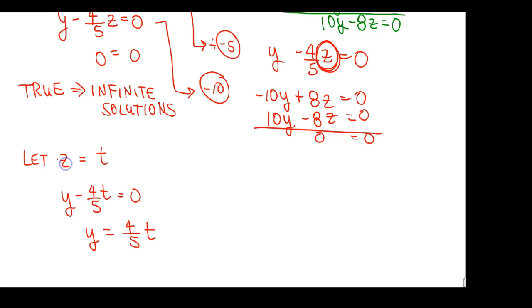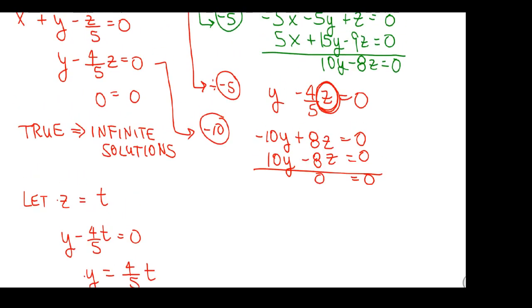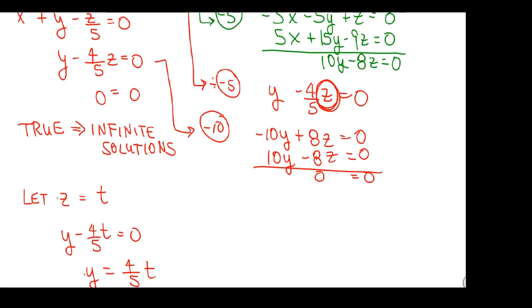So we know z, we know y, now we need to find x. So if we go back to that first equation, let me just write it down again, x plus y minus z divided by 5 is equal to 0.